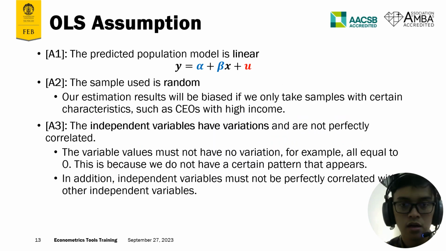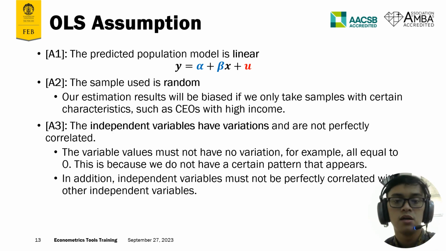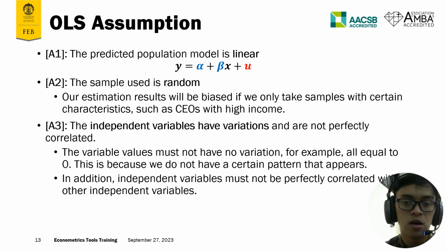We need to care. The first one is the information about the assumptions. Assumption 1 and assumption 2, there's no difference between them. In A1, the model is still linear, but then we can have more than just one independent variable. The second one is also a random sample. You need to ensure that you have a random sample.